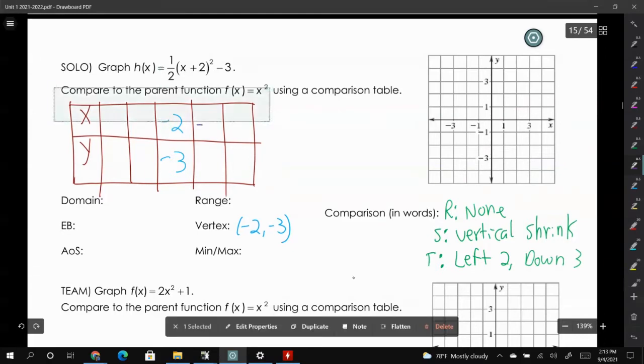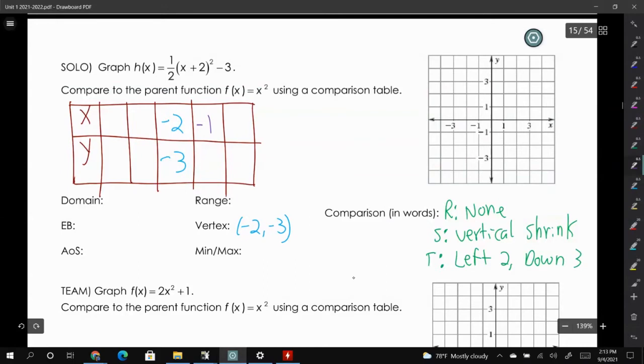All right, now, over here, our x values are going up and down by 1.